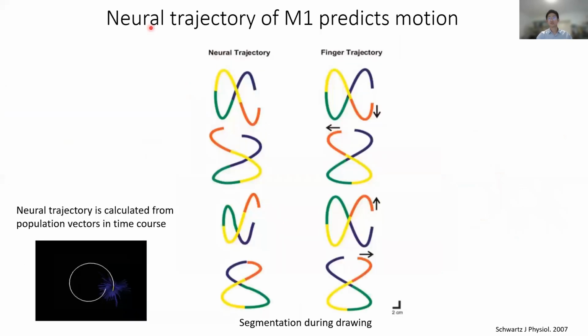We introduce the concept of neural trajectory. This trajectory is directly calculated from the population vectors. This time we calculate the population vectors over the time course.